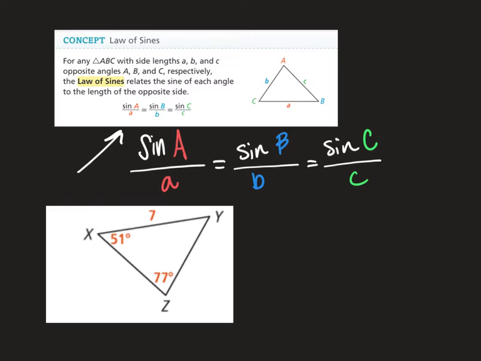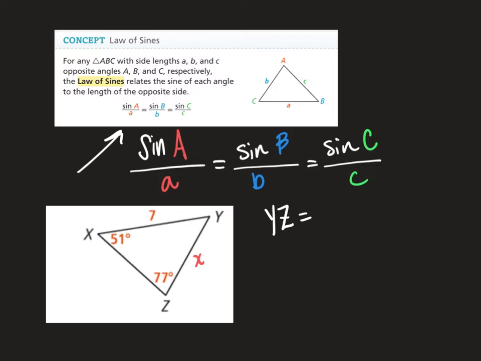So if we apply this for this particular picture, and we're trying to find, say, YZ. So that's really basically the side across from angle X. Or if we were to label it the way that our triangle is labeled up above, we could call it little x.